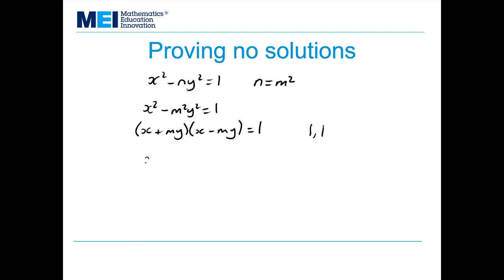So that means I have my first bracket x plus my equals 1, and my second bracket x minus my equals 1. Solving this pair of simultaneous equations gives me 2x equals 2, so x equals 1, and I have this trivial solution where y equals 0. So apart from this trivial case, there are no other solutions.